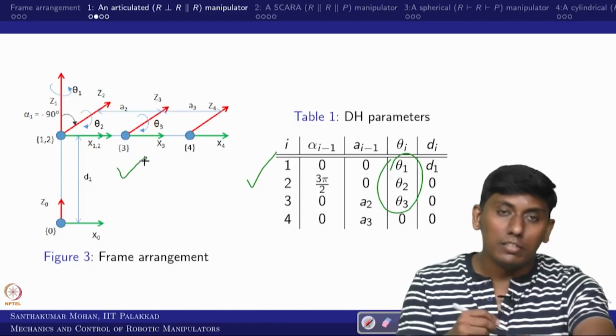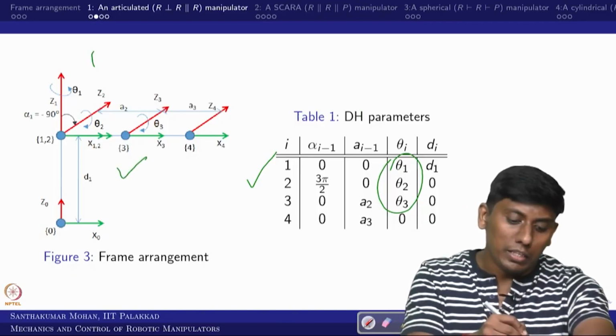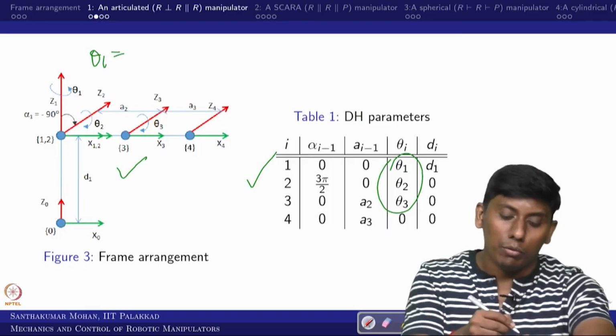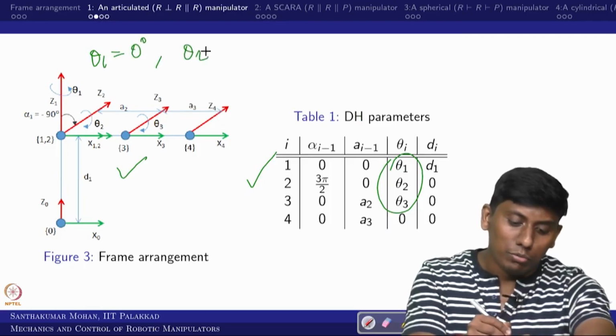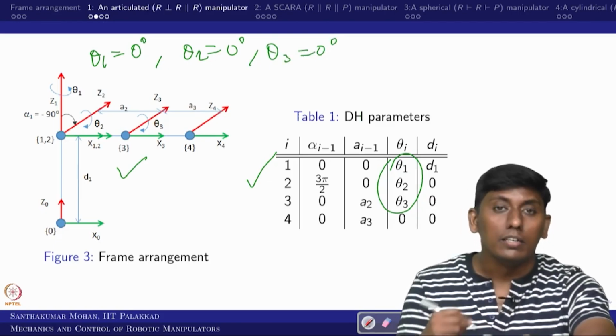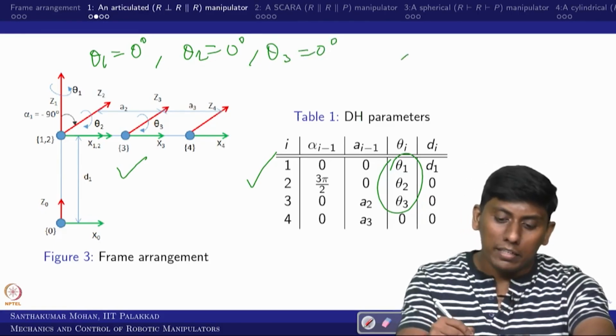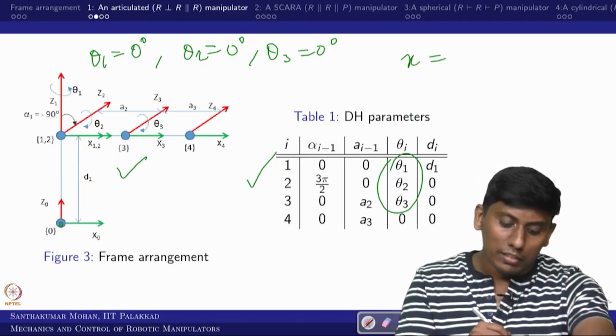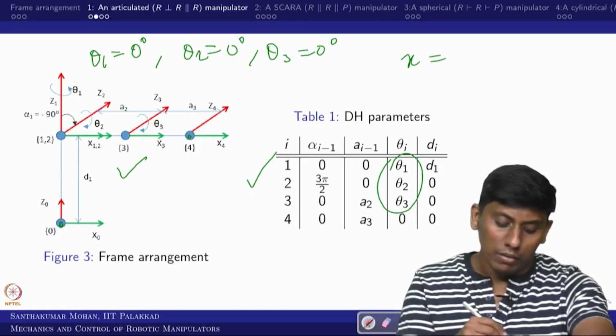So if you assume that this is the home position, what would be theta 1? We have obtained, right, theta 1 is 0 degree, theta 2 is 0 degree and theta 3 is 0 degree. If you take this, all are zeros. So what would be the x position of frame 4 with respect to 0?